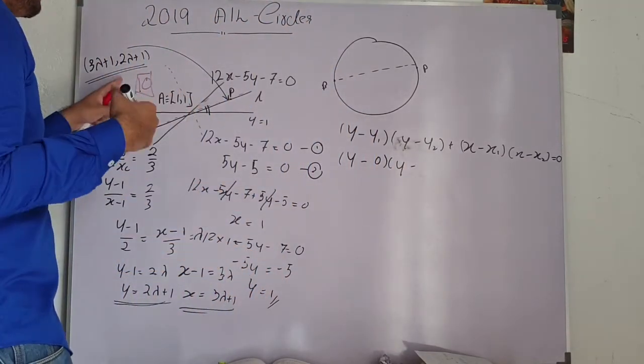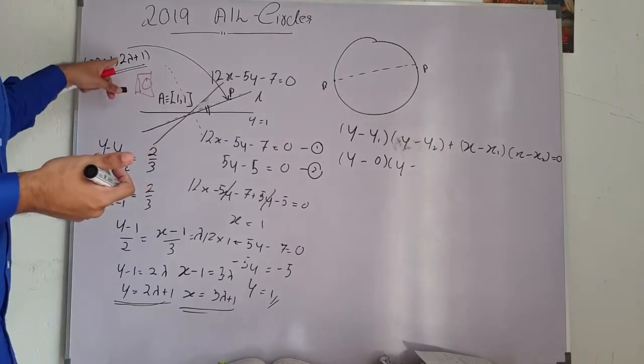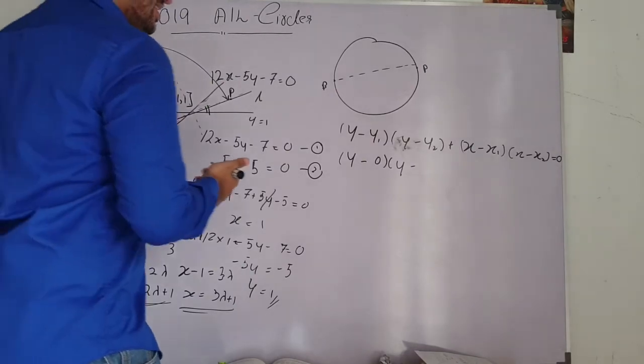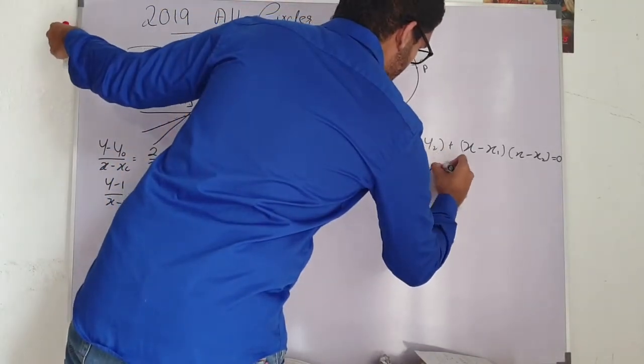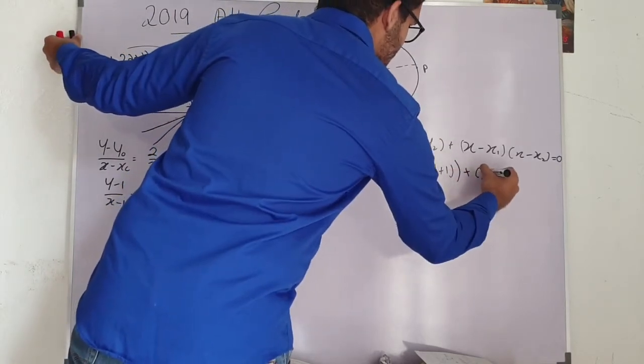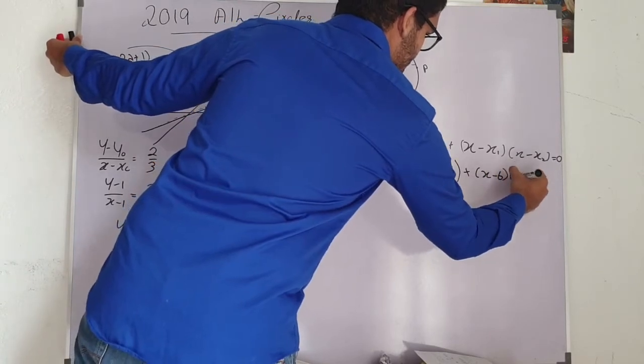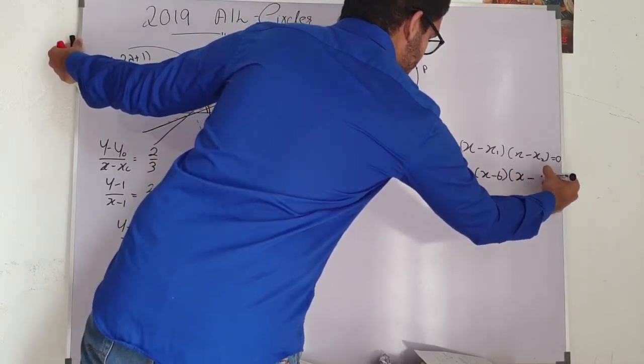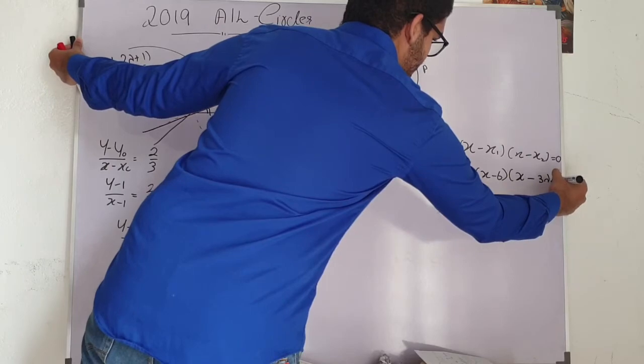Make sure this is simple, so don't be scared when you see these huge letters, right? (2 lambda plus 1), a bracket here and a bracket there, (x minus 6) and (x minus 3 lambda plus 1).